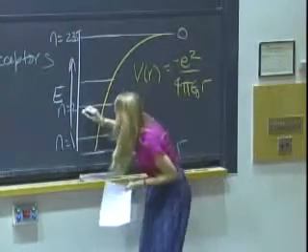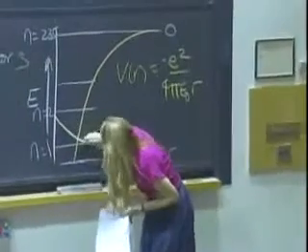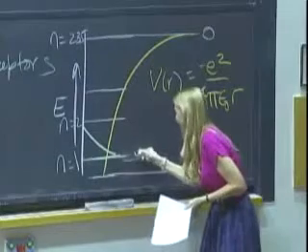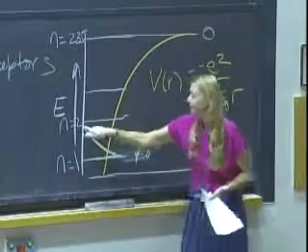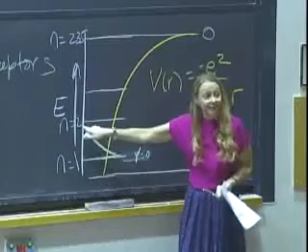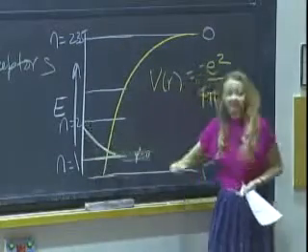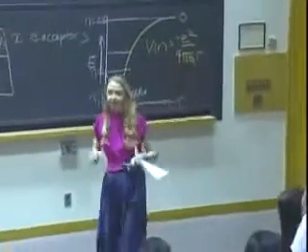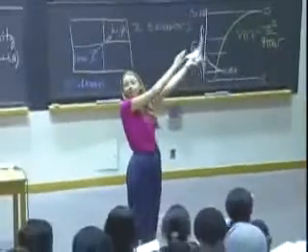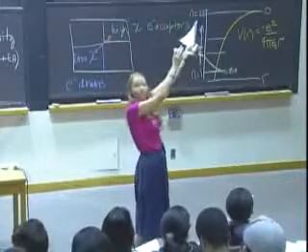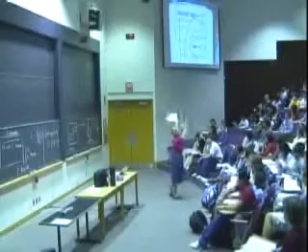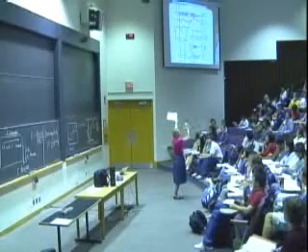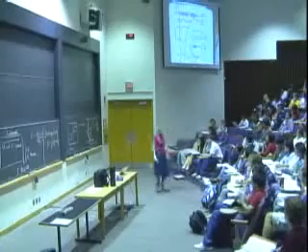In other words, the n equal 1 wave function looks kind of like that, right? So this level here is psi equals 0. This is the value of psi, whatever it is, at r equals 0, and there's just an exponential decay. So we plot the wave function on top of that energy level. So this is a complex diagram here.